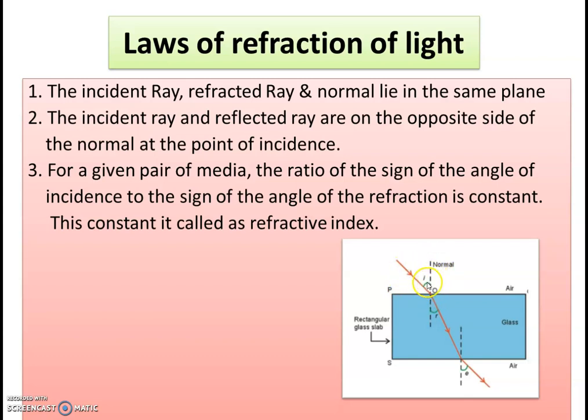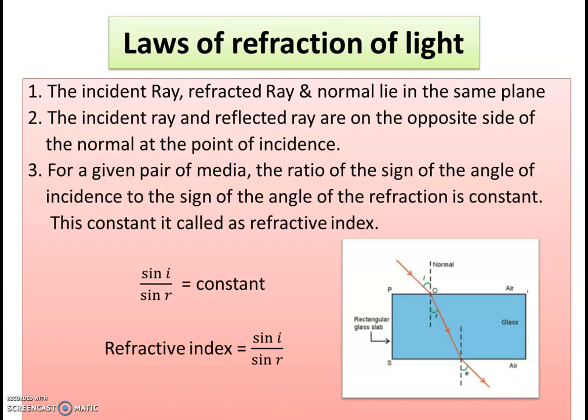This angle is called the angle of incidence and it is indicated by i. When the light ray is refracted, there is an angle between the normal and the refracted ray. This angle is called the angle of refraction. They are indicated as sin i and sin r.